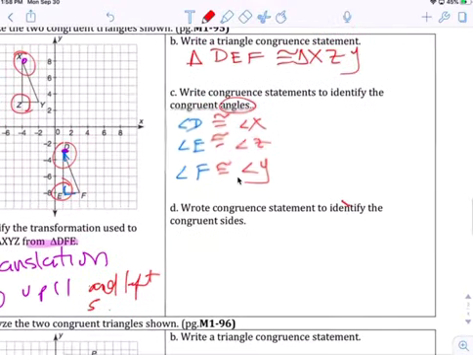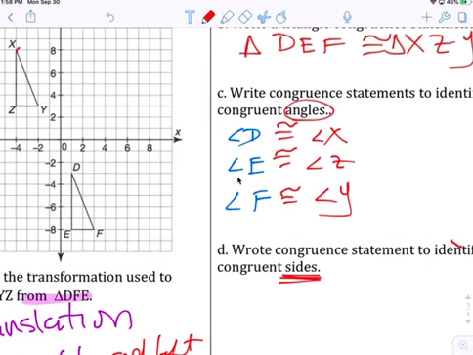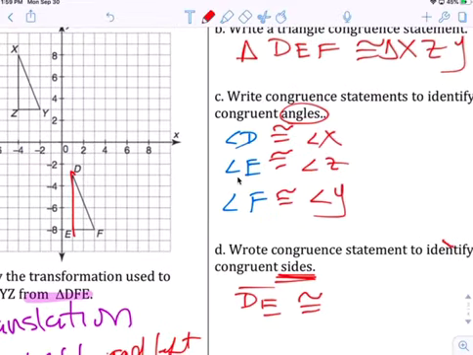All right. Write congruent sides. Write a congruent statement to identify the congruent sides. Okay, let's do this. X to Z. No. The original one is D to E. D to E is congruent to, obviously, X to Z, right?